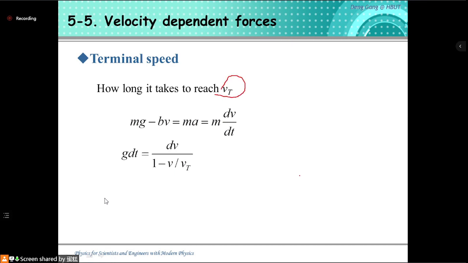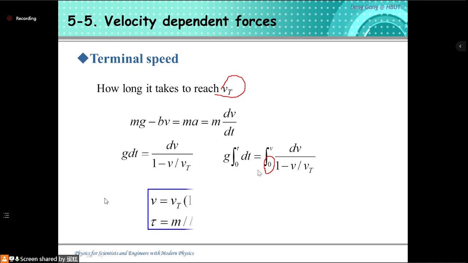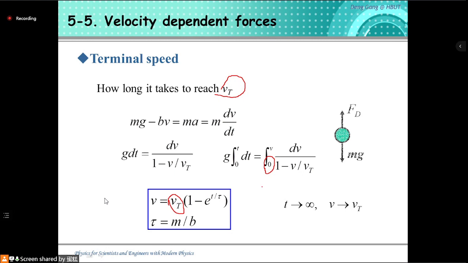If the initial speed is 0, we separate the variables and integrate on both sides, and we reach this result. If you want to reach Vt, that means you need t to approach infinity, which is not possible.